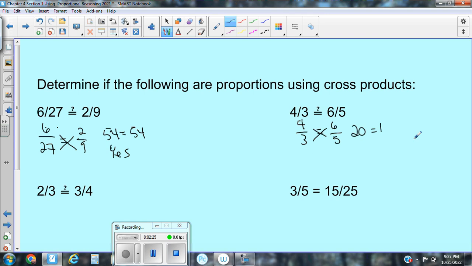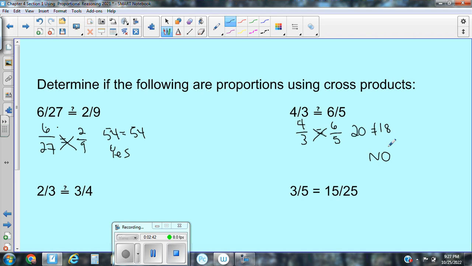And therefore this would not be a proportion because they do not equal each other.